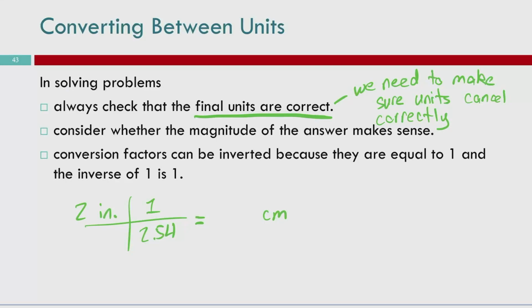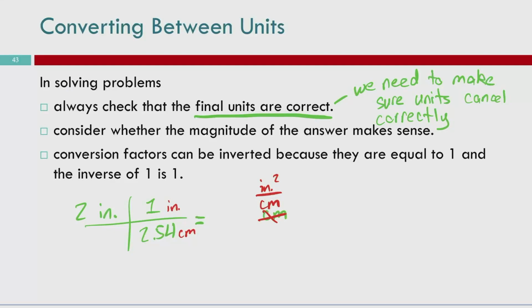So we'd do 2 divided by 2.54, and we'd get some number. The units that are supposed to be with the 1 and the 2.54 are inches and centimeters. So with the units in there, we can see we've got inches on the top twice. So the inches multiply, we get inches squared over centimeters. So this wouldn't be centimeters, it would be inches squared per centimeter.